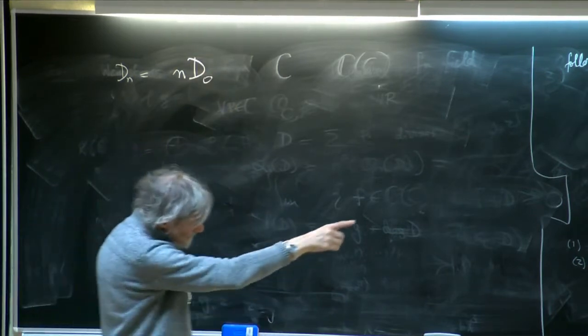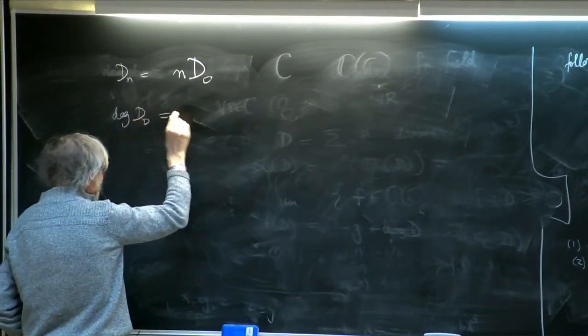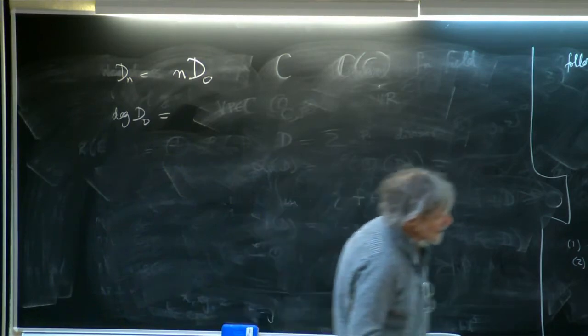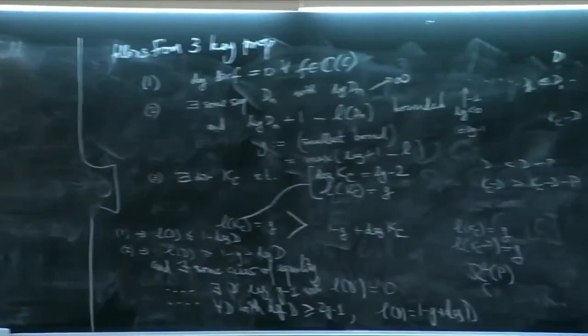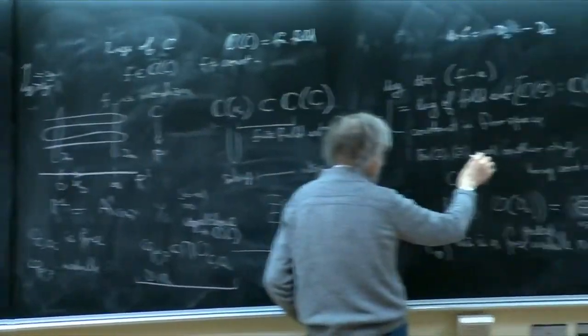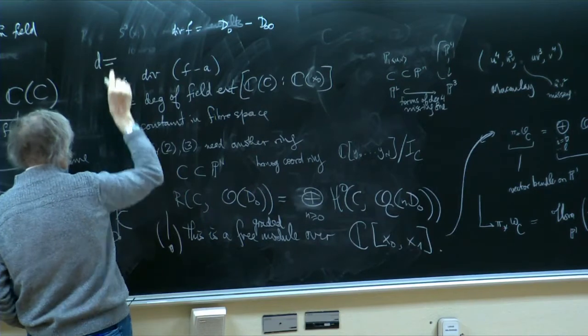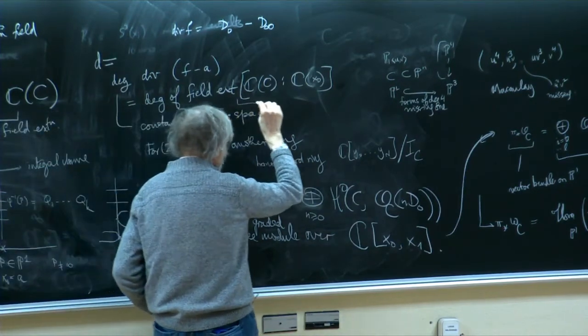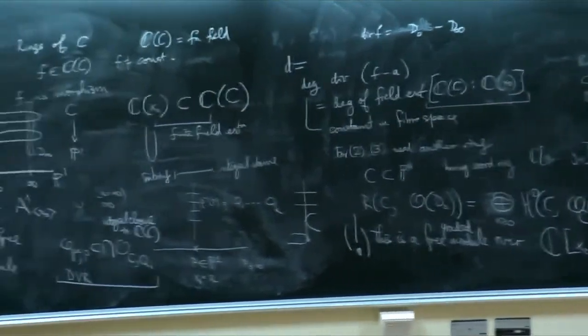Given the result over there, the degree of d naught is this, did I give it a name? It's the degree of this field extension. I'm going to call this d. It's just this thing that you have in Galois theory called the degree of a field extension.